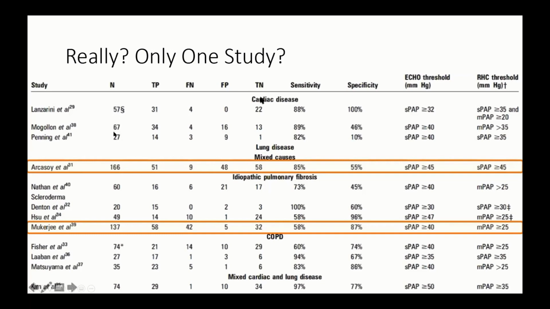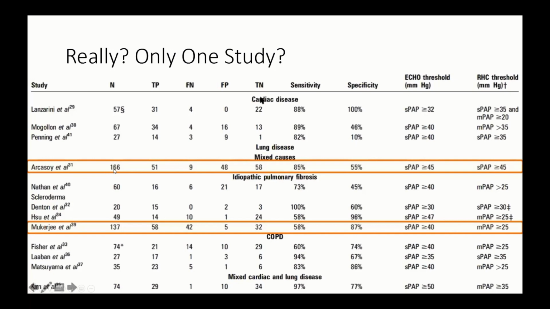There are only 3 studies, and this report, this meta-analysis, is from 2011, so nothing since then actually. There are only 3 studies with N's that are much lower than 300 in lung disease, mixed causes, and idiopathic pulmonary fibrosis and COPD. Again, these are the studies that were published. The studies that come only close to 300 patients are 2.